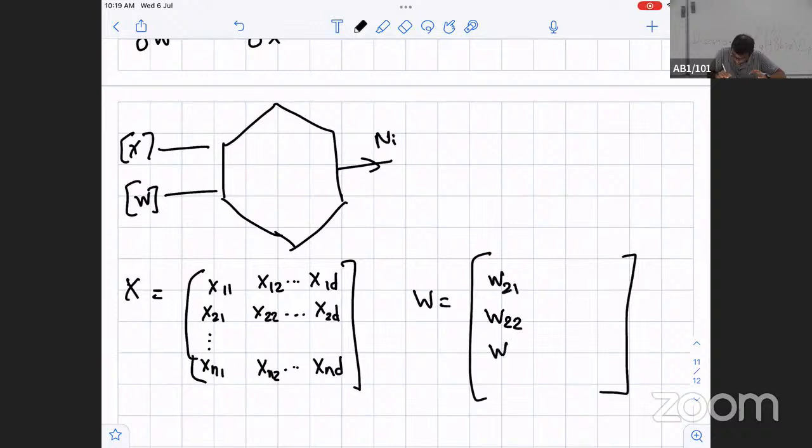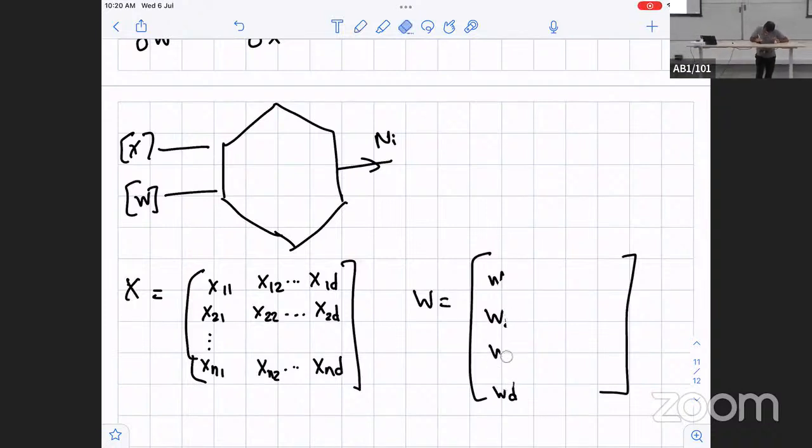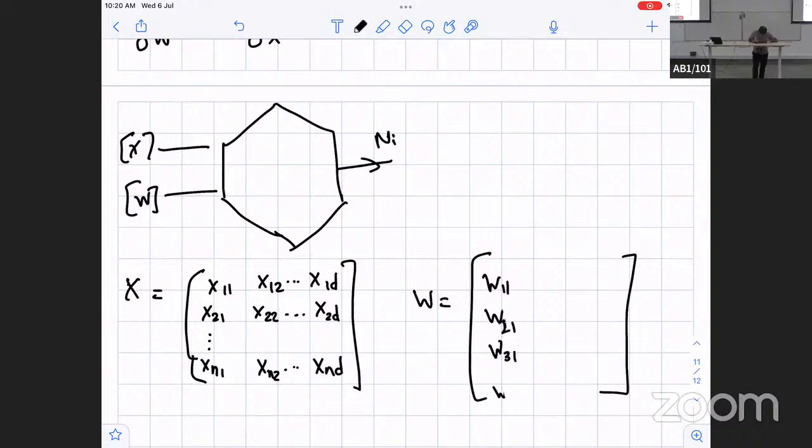This is what we originally had, right? So w, we had w11, w21, w31, all the way till wd1. I will add one more column, just so that you know there is a reason why I'm doing this. You will see w12, w22, wd2.